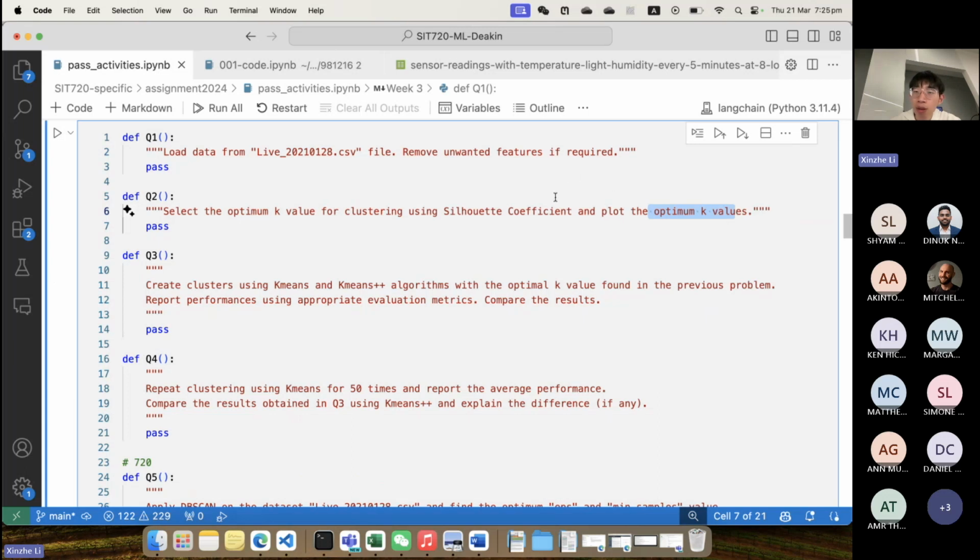Why I say for silhouette coefficient you shouldn't use elbow. You shouldn't have the concept of elbow once you plot the figure. You know, what's elbow plot, in elbow plot.